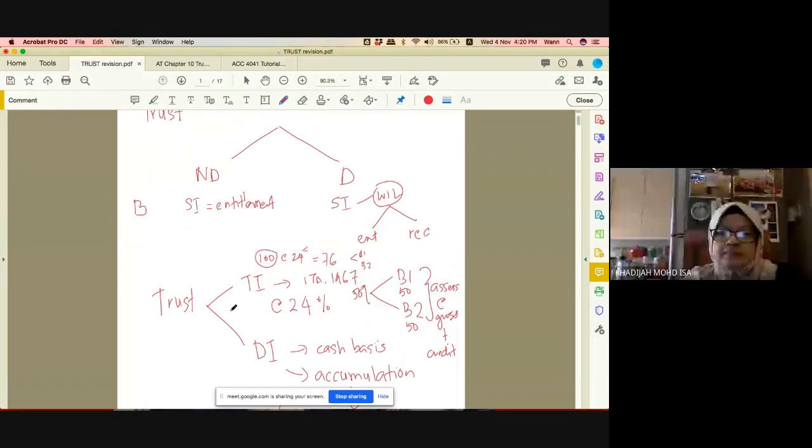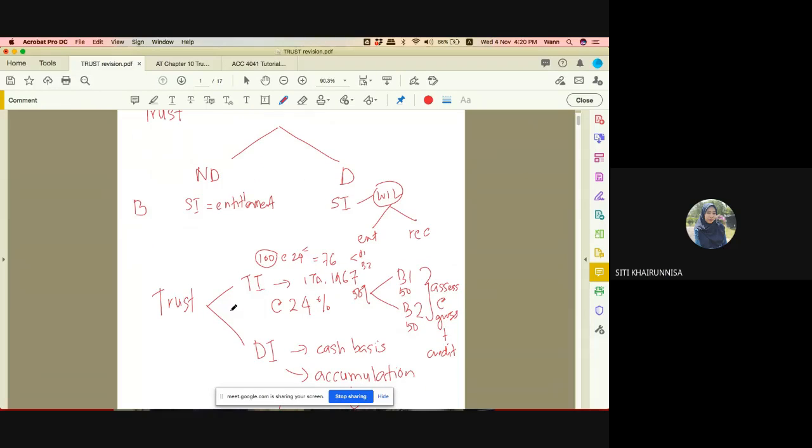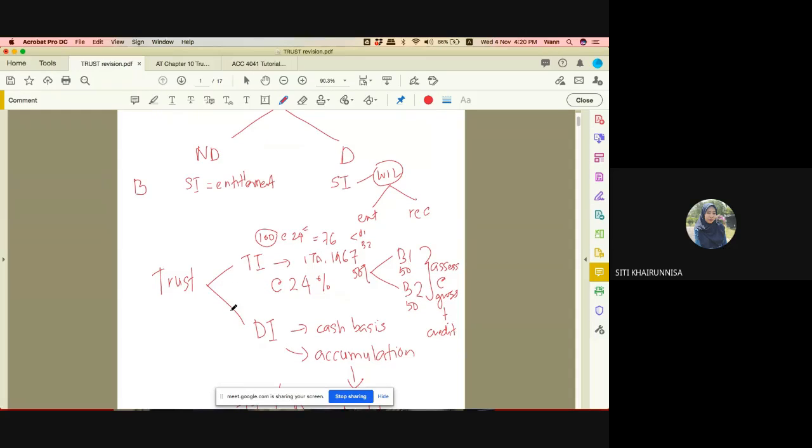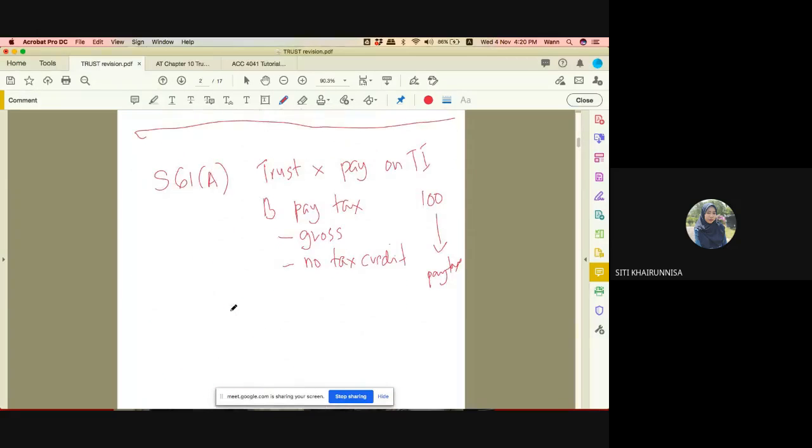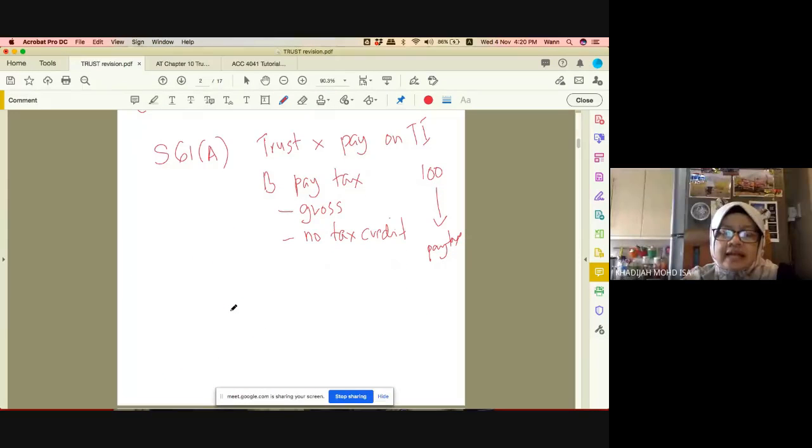What is the difference in the tax computation between applying section 61A and not applying section 61A? The difference is that when you compute the trust's total income, you stop there. So that is total income.